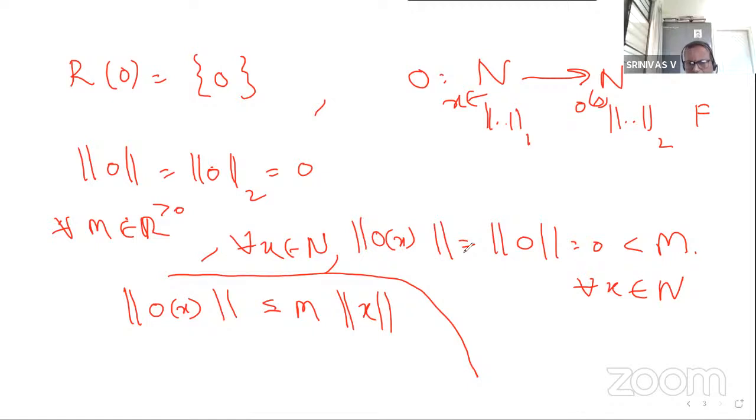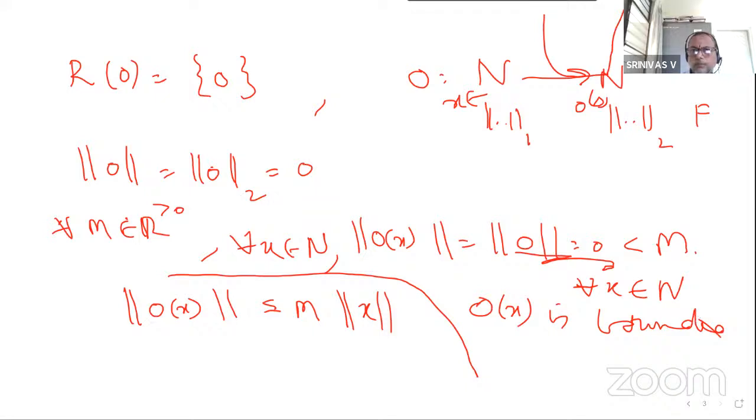Here I am trying to show that 0 of x is bounded. It is a bounded map because of this property. Because of this property, norm of 0 of x is less than m, we say this function 0 of x is bounded.